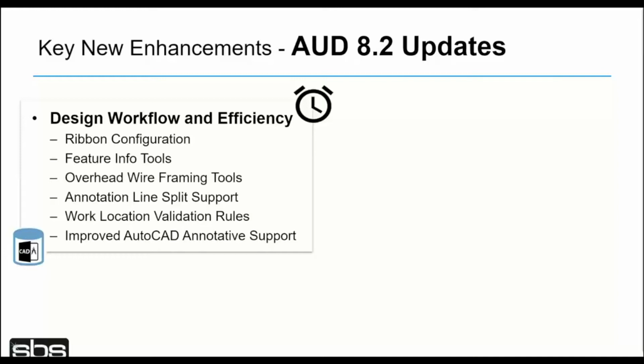And then some changes that are day-to-day things, but very important when you need to annotate and lay out things, place work locations, automatically place work locations, and handle AutoCAD annotative capabilities. These are the bread and butter operations that we just want to continue streamlining and addressing.